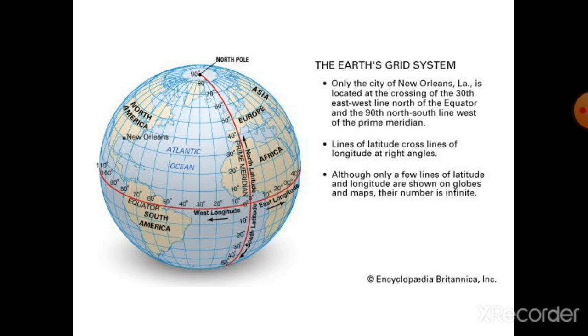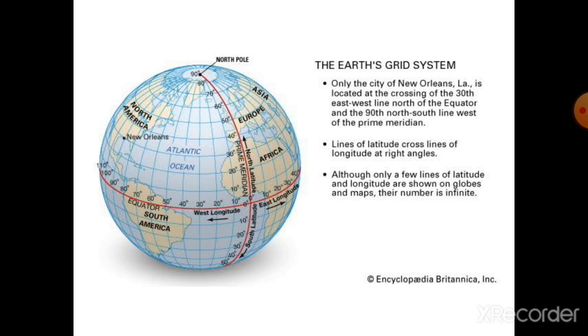Now you can see here all the latitudes and longitudes together. You can see a square check-like structure visible on the globe. This is known as the Earth's grid system. There are a few features related to it.